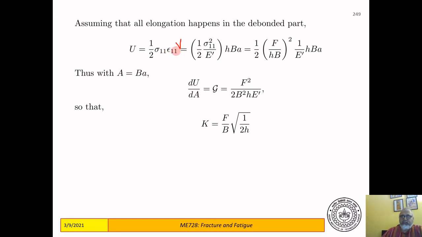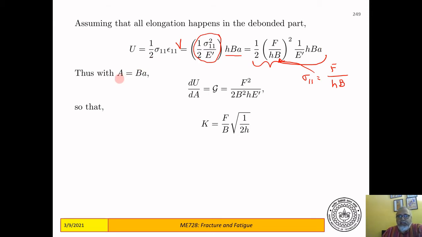So half sigma 1 1 epsilon 1 1 is this, times h times b times a, b being the breadth or the width of the film. h times b times a is the volume, and writing sigma 1 1 in terms of F, sigma 1 1 is F divided by h into b. So using that fact, this is the total strain energy stored in the debonded part of the film.